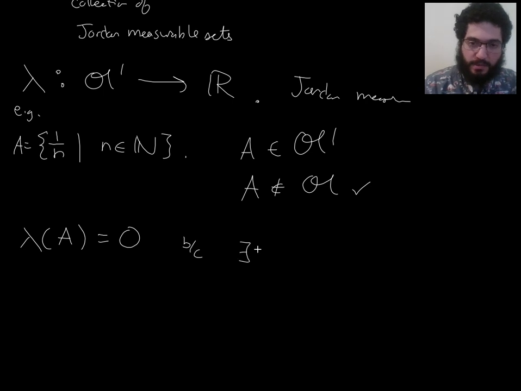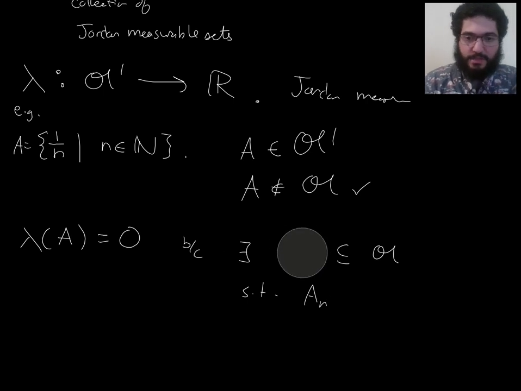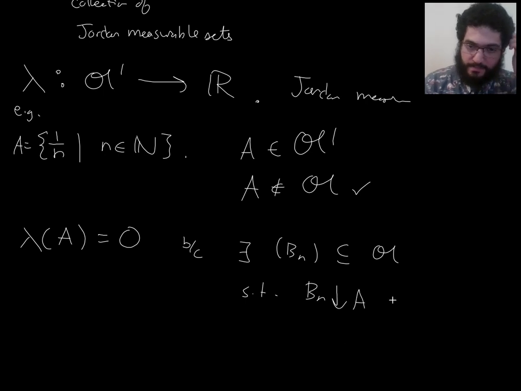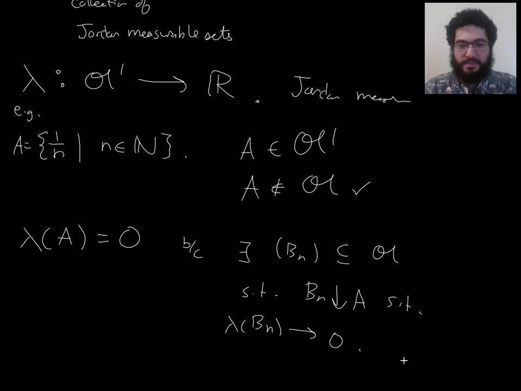We need a sequence of elementary sets, maybe I should call it Bn for consistent notation with what's being said above, that comes down onto A, such that when you take the measures of these elementary sets, that goes to 0 as n goes to infinity.